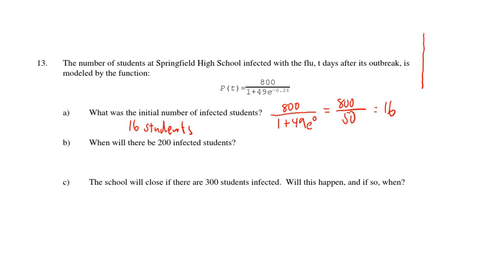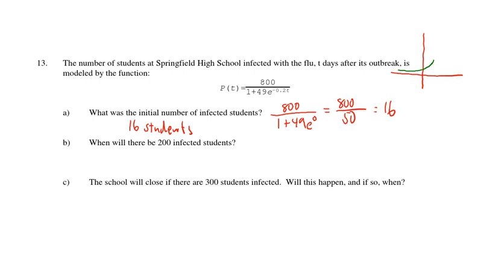We start off with 16 students that have the flu. I've been using this problem for a lot of years, but this year with coronavirus, it's probably especially pertinent. So it's growing exponentially, and then let's think about what happens when t gets really, really large.